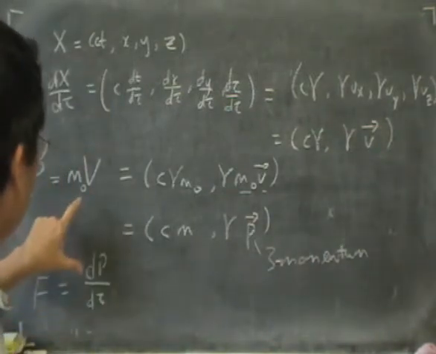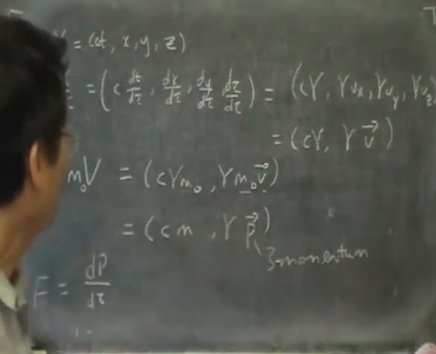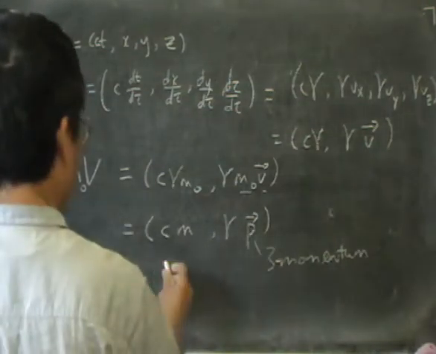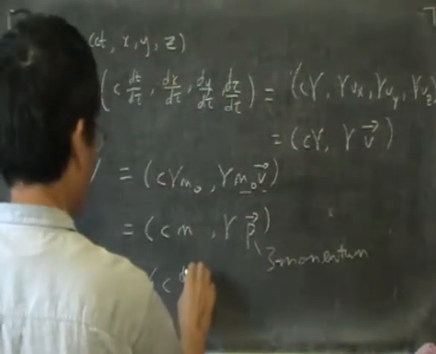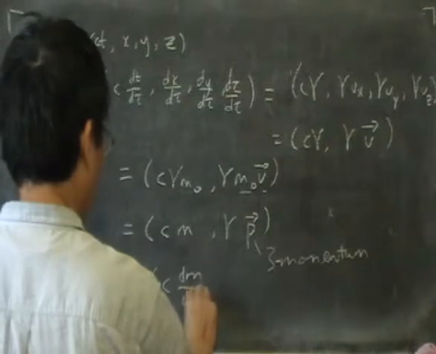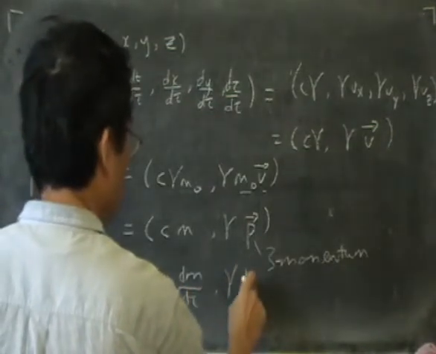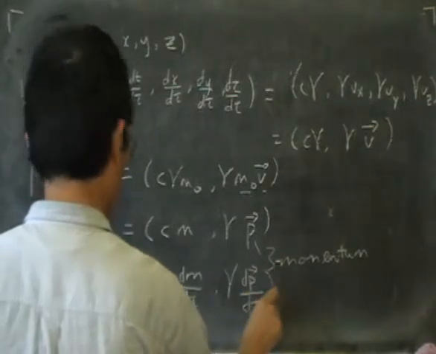If I differentiate P, I will differentiate it term by term. This is what I'll get: c dm by d tau and gamma dp vector by d tau.